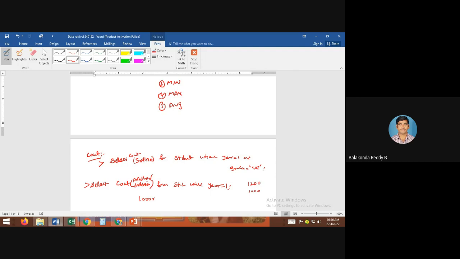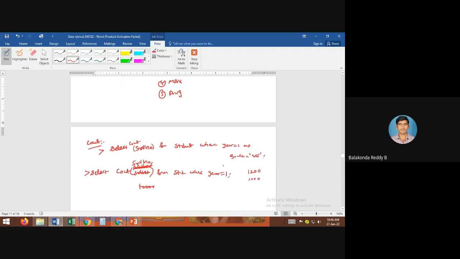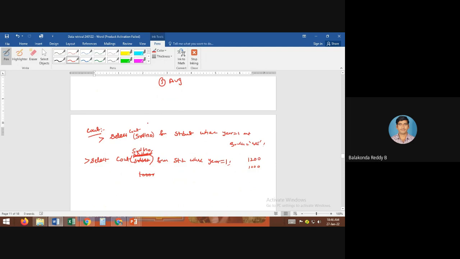So for example, I mention here roll number. Does every student have a roll number or not? Yes, every student has a roll number, so it displays the exact count of this query. Instead of roll number, you can use name or age, whatever it may be; whichever attribute you mention, all of its values it counts.